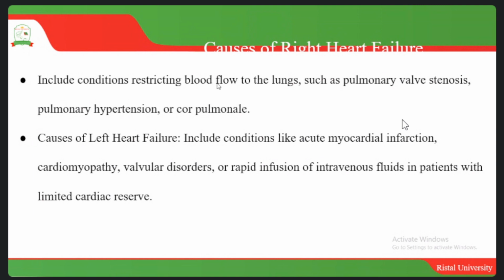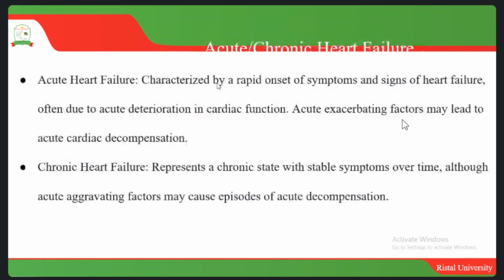This can affect our patients. When we keep pumping a lot of fluids to our patients, these fluids will always go back to the heart, and when we put a cannula, we put it in the veins. So this can have a negative impact on our patients and can affect the left heart, leading to left heart failure.